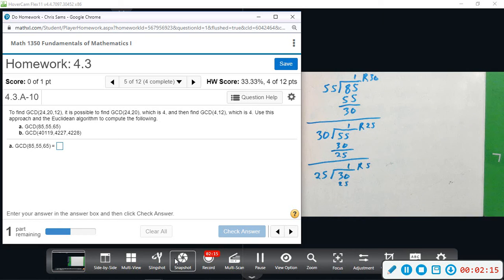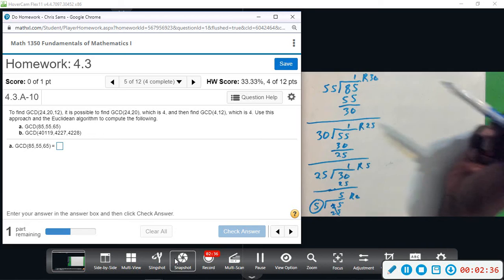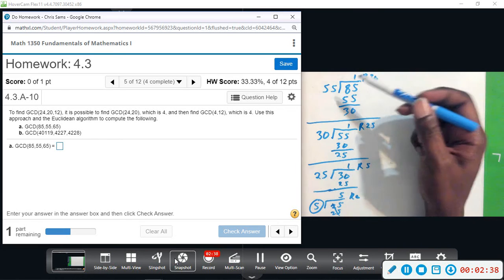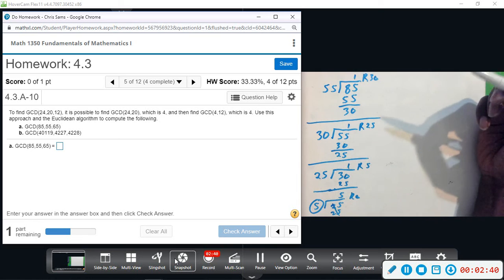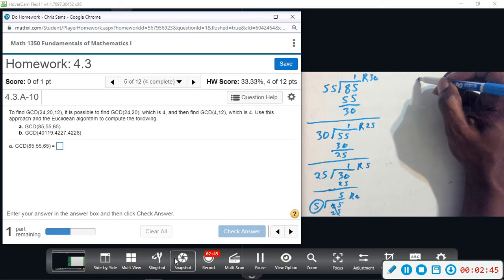So we're going to do this again with 5 and 25. 5 goes into 25 5 times, remainder of 0. Okay, so 5 is my greatest common divisor of 55 and 85. Now we're going to do the same method with 5 and 65.